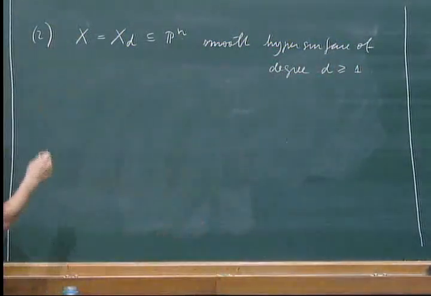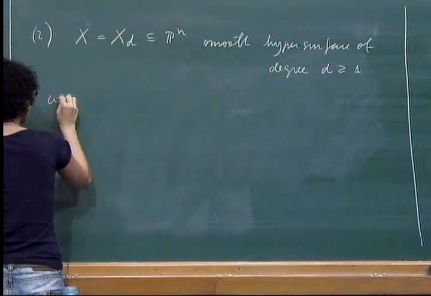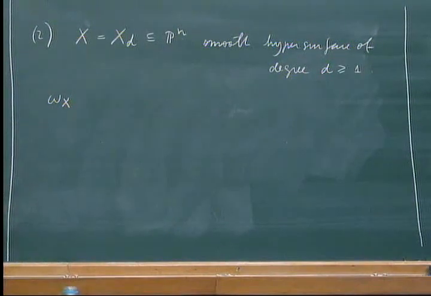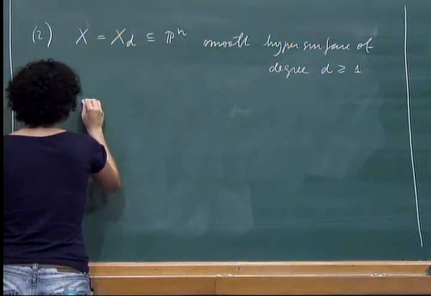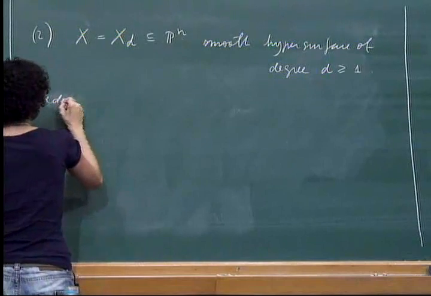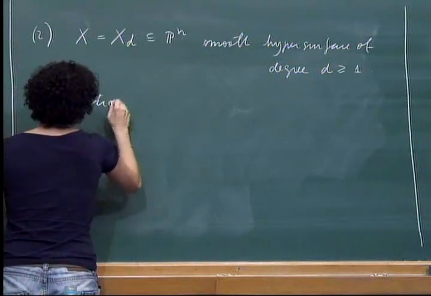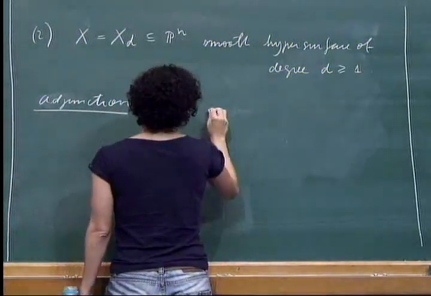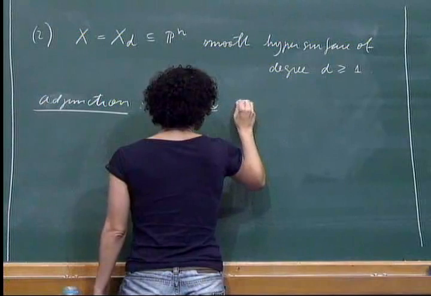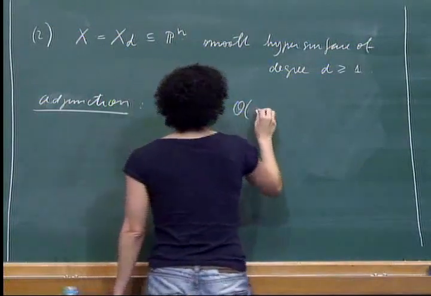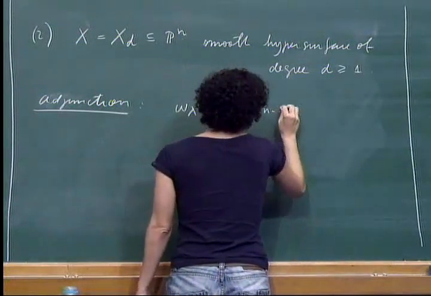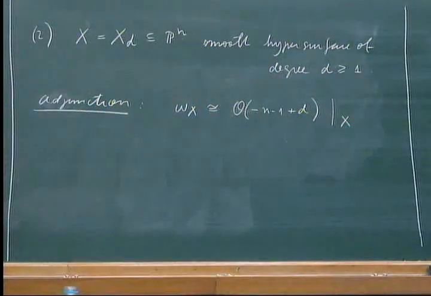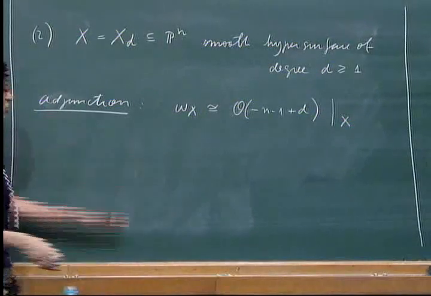Okay, so we know that, by adjunction, the canonical sheaf of X is isomorphic to the restriction of O(-n-1+d) to X. So what we see is that we actually have a trichotomy here.